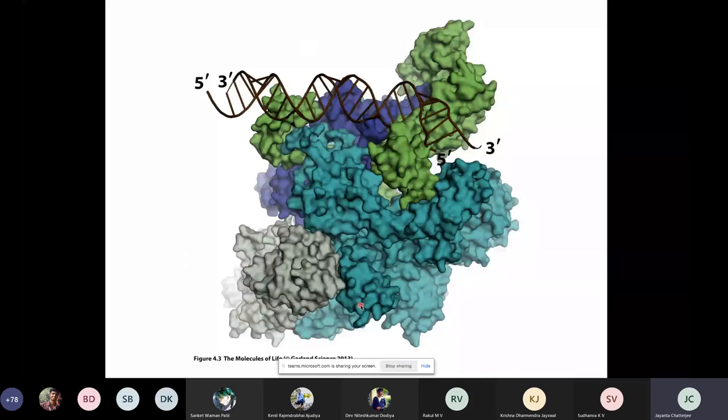This quaternary structure can be stabilized by the formation of disulfide bonds. They could also be stabilized by the formation of non-covalent interactions. These are mainly the two interactions, either the disulfide bridges or non-covalent interactions, which stabilize the quaternary structures. Okay. All right.